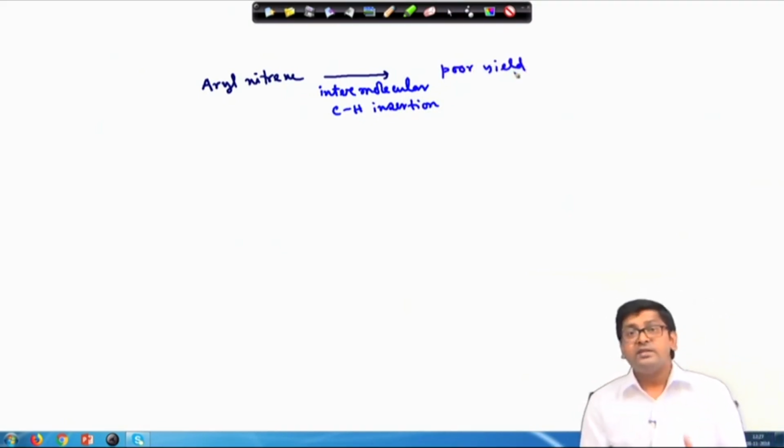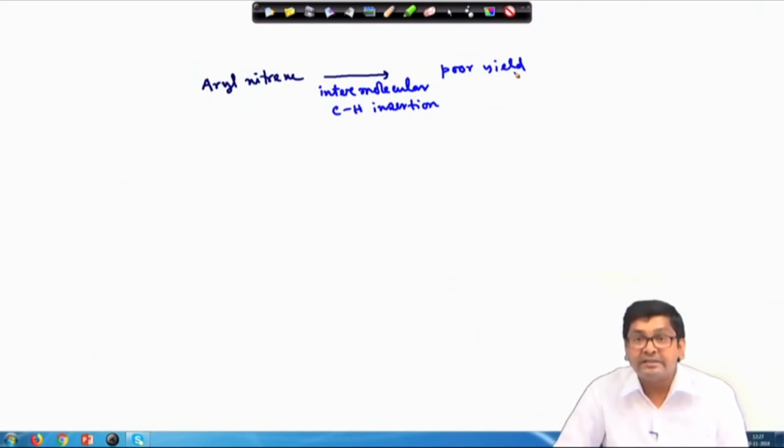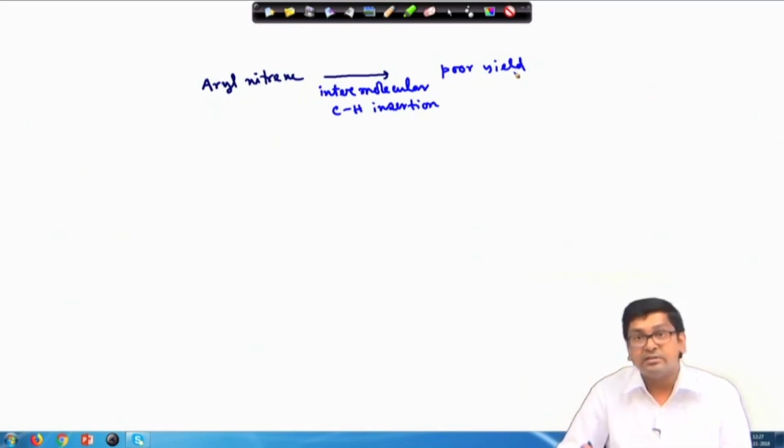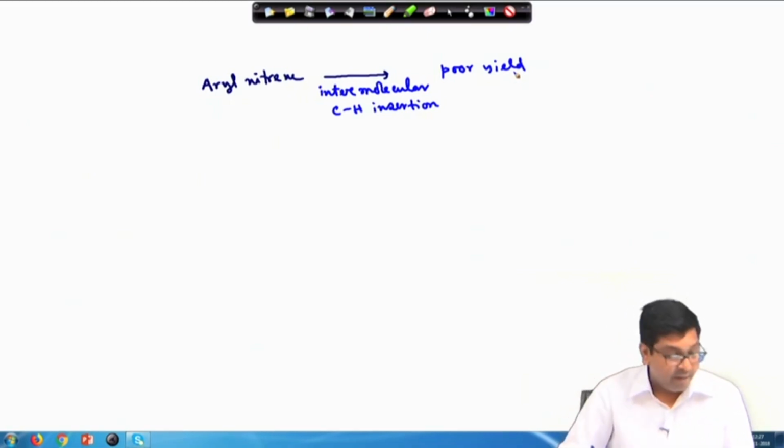But in spite of aryl nitrene, if you take sulfonyl, acyl or cyano groups, then this type of insertion will give better yield.